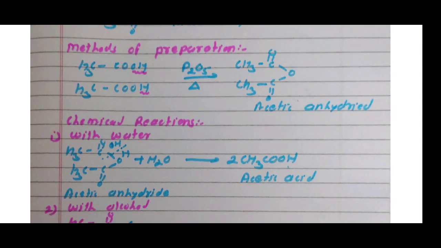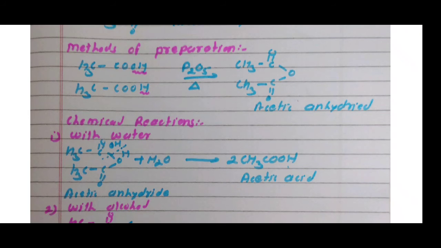Acetic anhydride, CH3CO-O-COCH3, plus water forms two molecules of acetic acid. This is the reversible reaction of the dehydration reaction. If two molecules of acetic acid release a water molecule, acetic anhydride forms, and if acetic anhydride adds a water molecule, two molecules of acetic acid form.